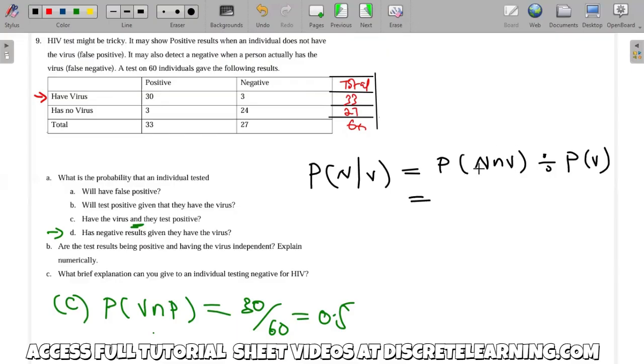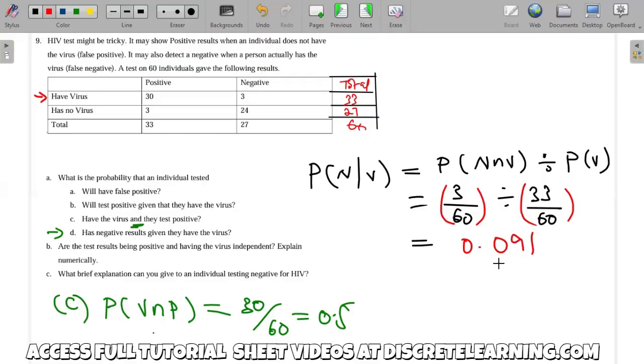Where's the intersection of negative and virus? Virus is there, negative is there, so it's in here where they have 3. So I'll just say 3 over the total 60, divided by the total for the virus, 33 over 60. Don't waste time here, just put in brackets 3 over 60 divided by 33 over 60 on your calculator. That is going to give me 0.091. So check with your calculator as well to confirm the answer.